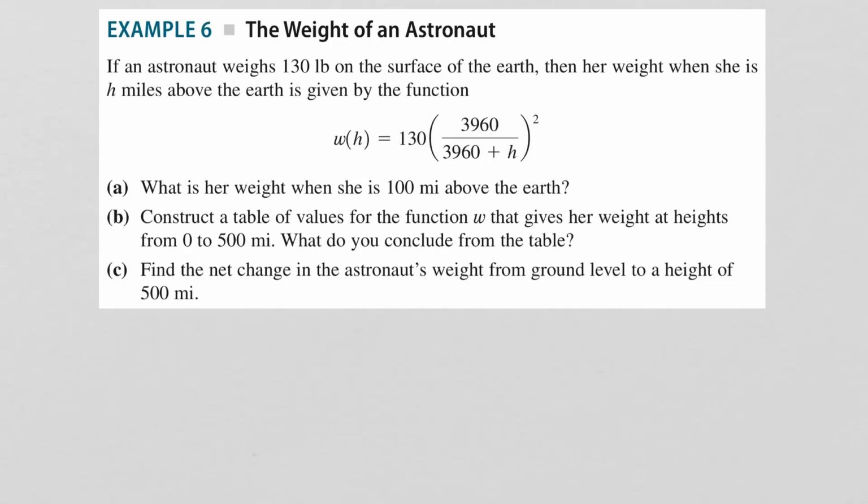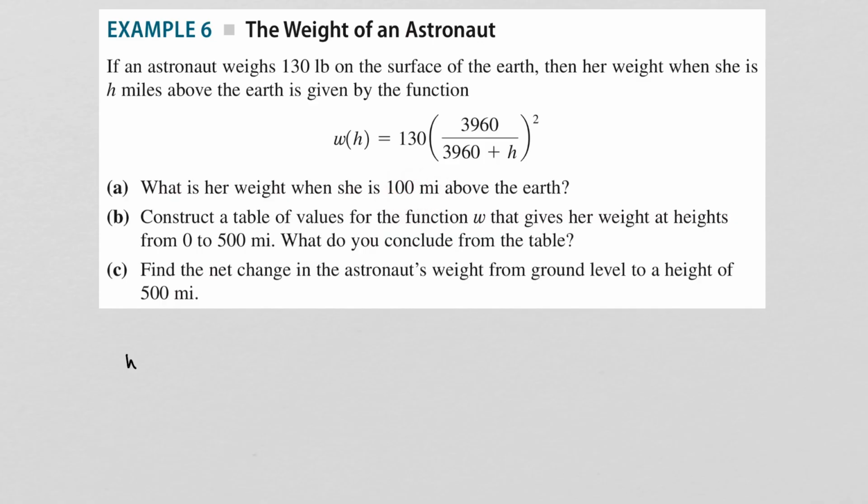In the next example, we have a function that represents the weight of an astronaut. So if an astronaut weighs 130 pounds on the surface of the Earth, then her weight when she is h miles above the Earth is given by the following function. So in part A, it says, what is her weight when she is 100 miles above the Earth?